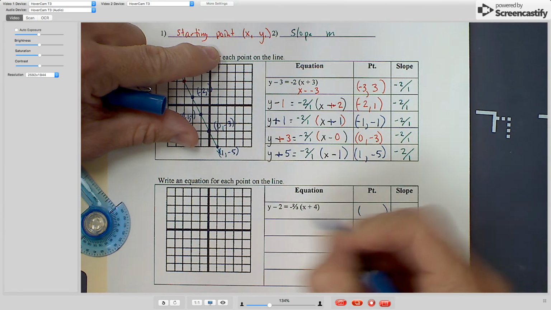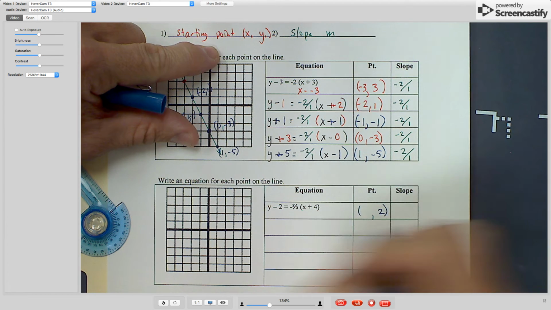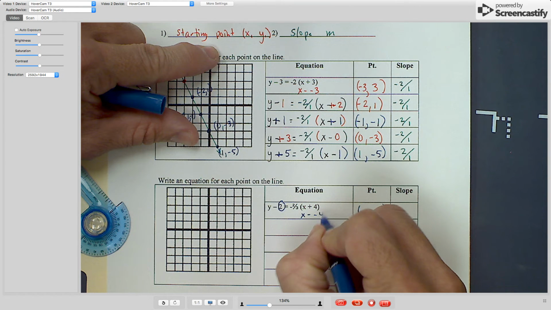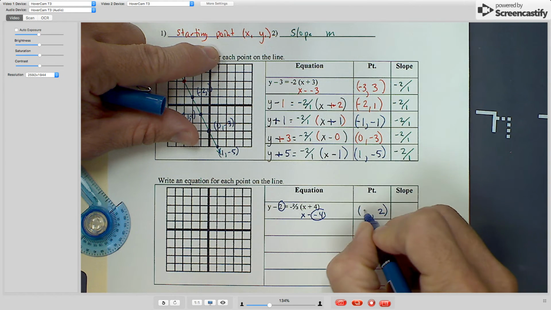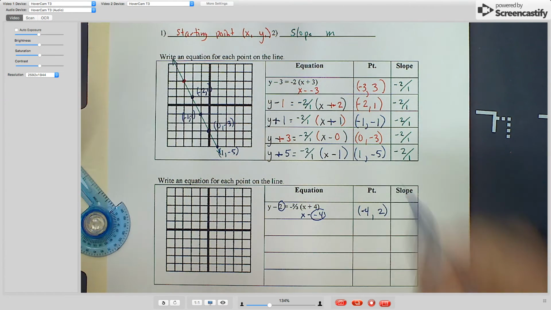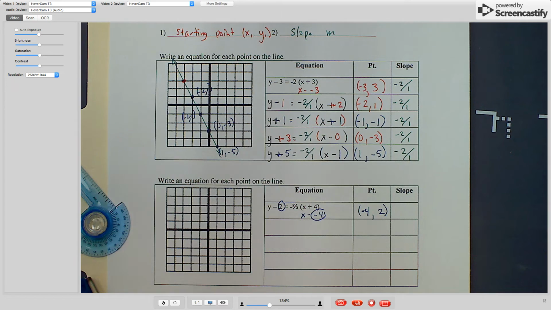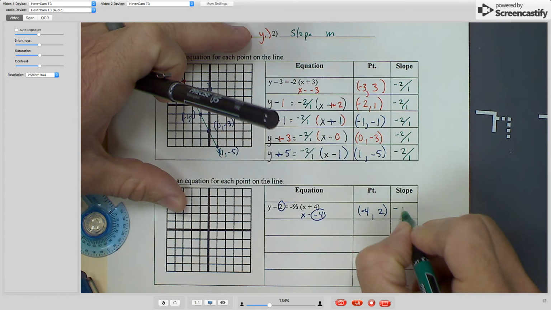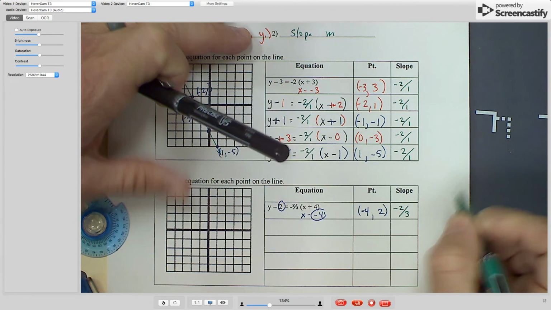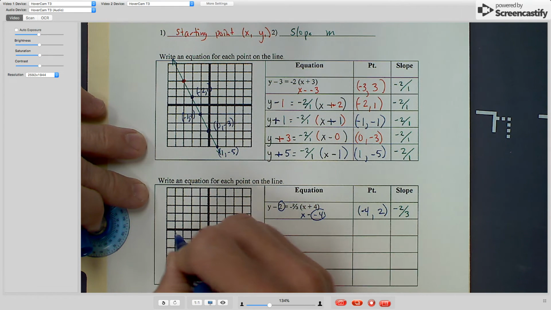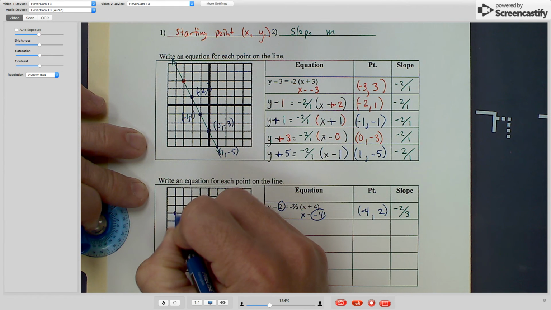So y minus 2, that means our starting point is 2, because that's my y1. And then this one is x minus a negative 4, so my starting point would be negative 4 right there. And our slope is negative 2 over 3. So negative 4, positive 2, 1, 2, 3, 4, positive 2, boom.